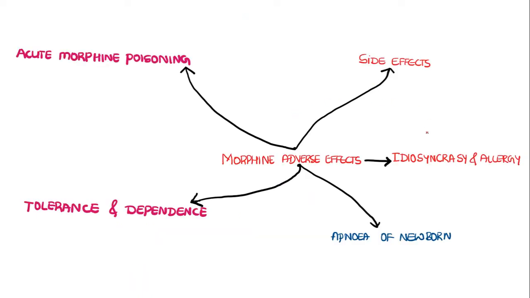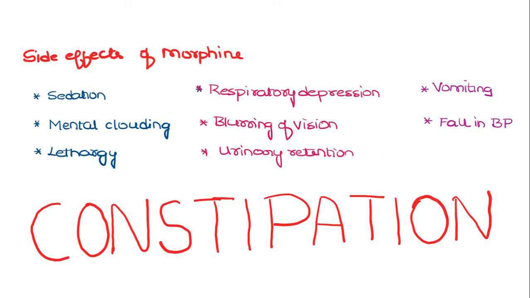So coming to the morphine adverse effects, it can cause side effects, it can cause idiosyncratic or allergic reactions, it can cause apnea of newborn, it can cause acute morphine poisoning, and it can also lead to tolerance as well as dependence when it is used for a prolonged time. Coming to the side effects, it can produce sedation, mental clouding, lethargy, and subjective effects which can also include dysphoric behaviors.